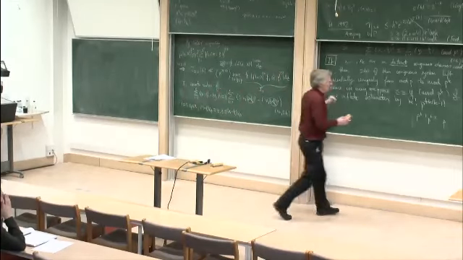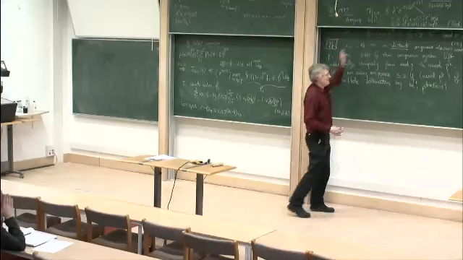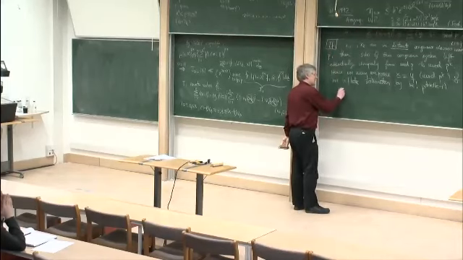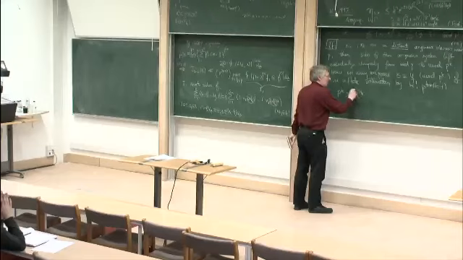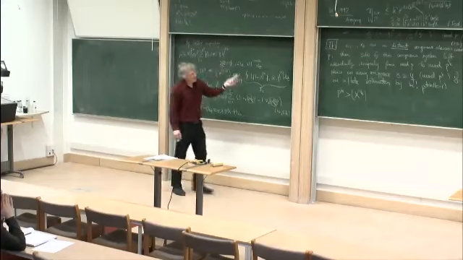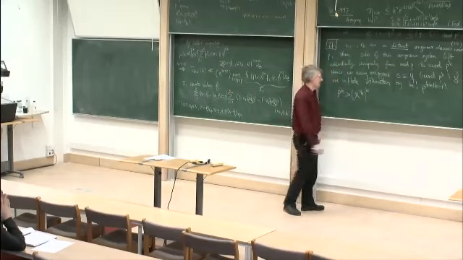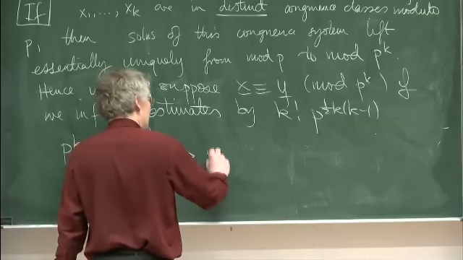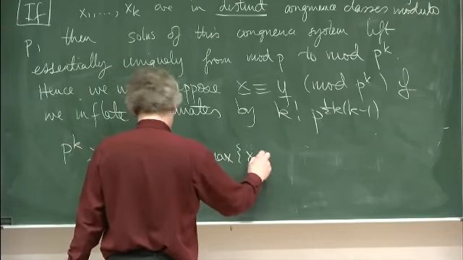Okay, why is this useful? We've already gotten to one punchline here, because remember that if I make my initial choice theta equals 1 over k, then p to the k is larger than x to the 1 over k to the k, which is greater than or equal to the max of the xi and yi.